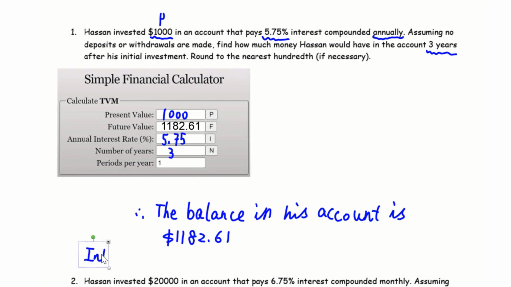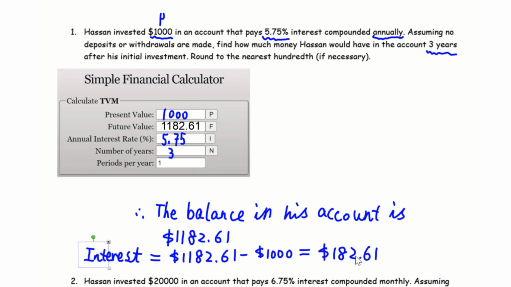What's the interest earned? The interest means actual money. At the very beginning, he has $1,000. Now he has $1,182.61. Take away the money that he had before, and it will be the interest earned. Interest is actual money, so $182.61. So this is one example.